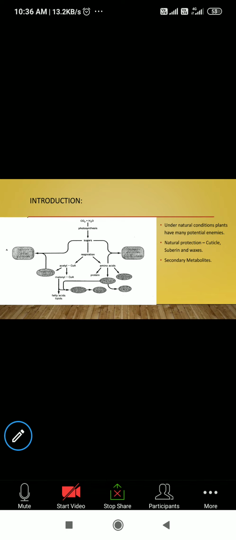The cuticle is the waxy outer layer, and the periderm is again a secondary protective tissue, which helps plants prevent water loss and doesn't allow bacteria or fungi to enter into the plant cells.